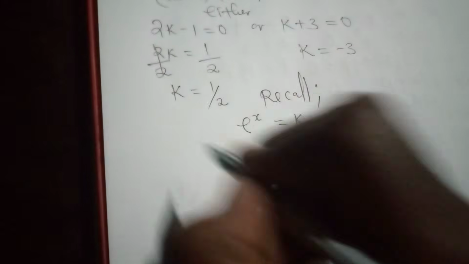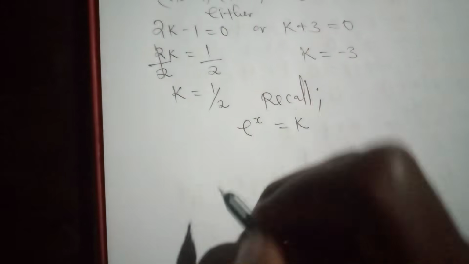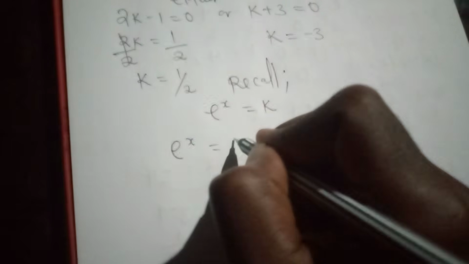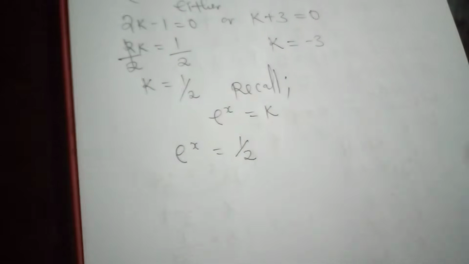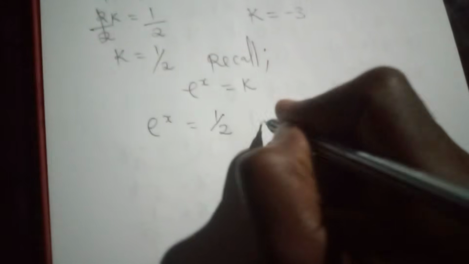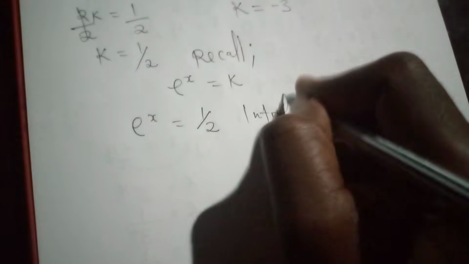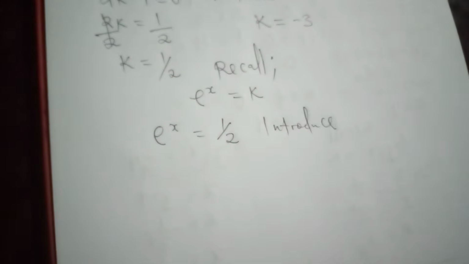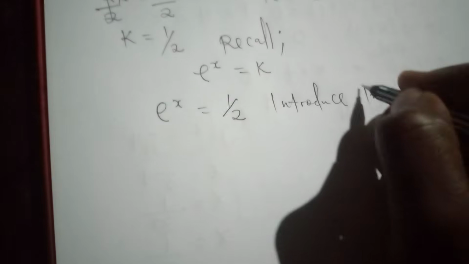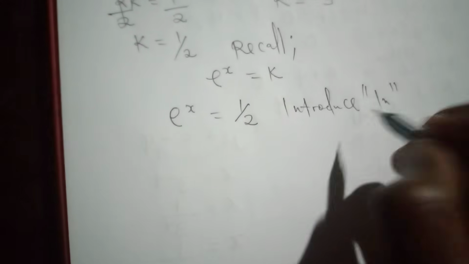So from there, you have calculated your k to be a half, that is e to the power x is equal to 1 over 2. So from here what you're going to do is introduce ln to both sides.